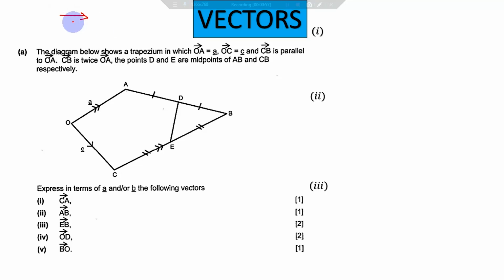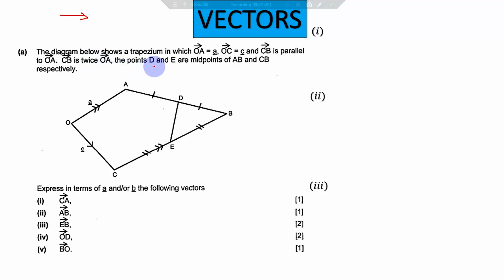Okay, now look at the way we're going to solve this question. The diagram below shows a trapezium in which vector OA is equal to A, vector OC is equal to C, then vector CB is parallel to OA, and CB is twice vector OA.